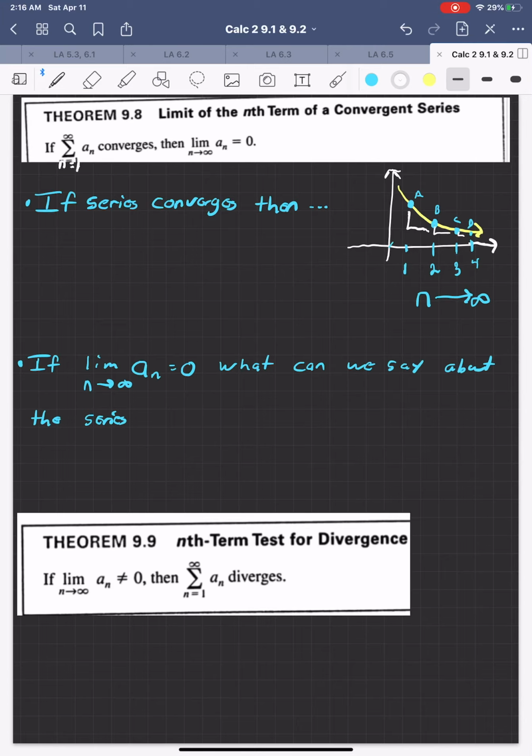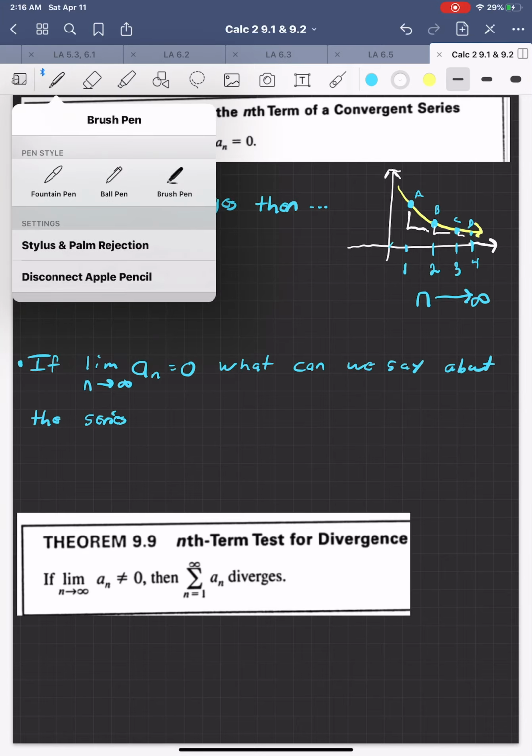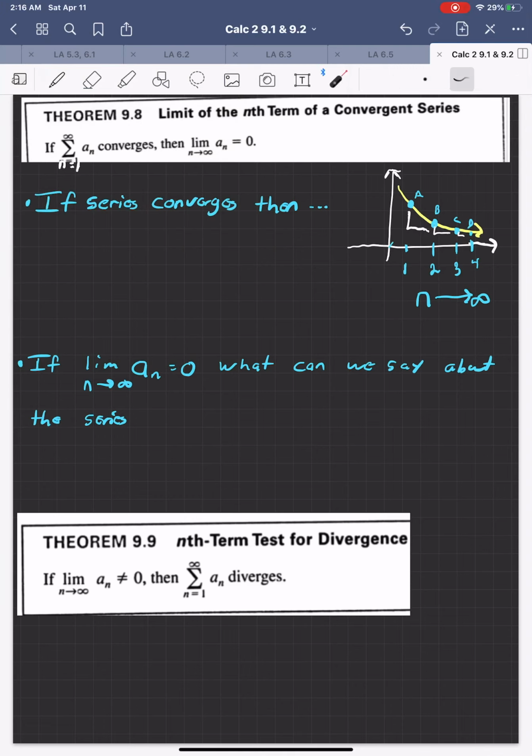Now, with that little bit of geometry in mind, let me see if I can read this very first theorem. This is the limit of the nth term of, that's very important, a convergent series. So notice it's an if-then statement, right? It's a conditional statement, and we start off with the if.